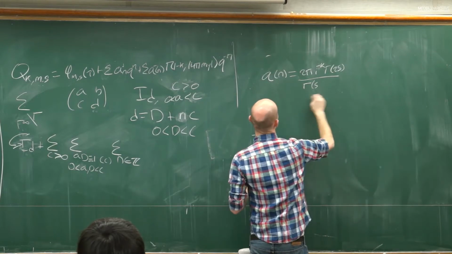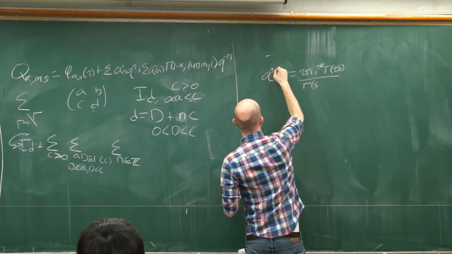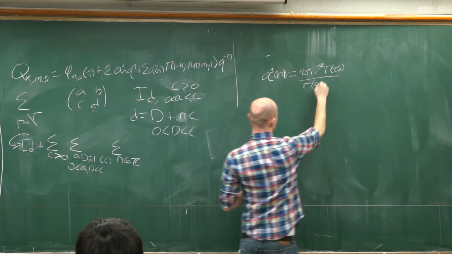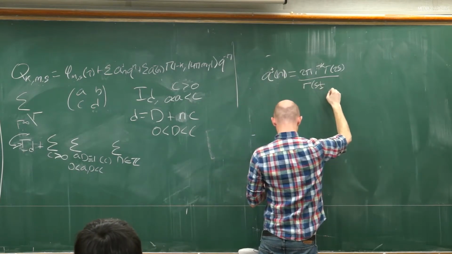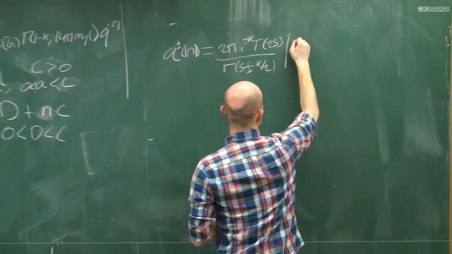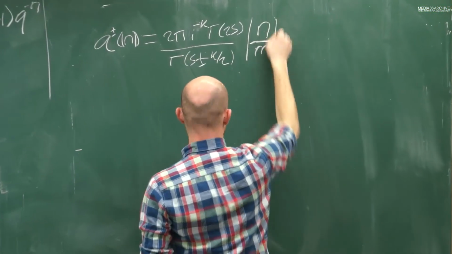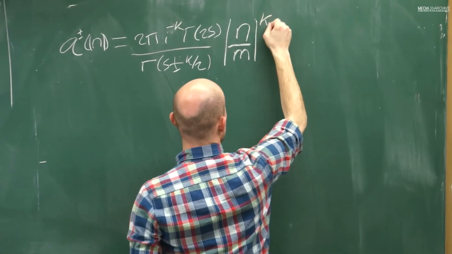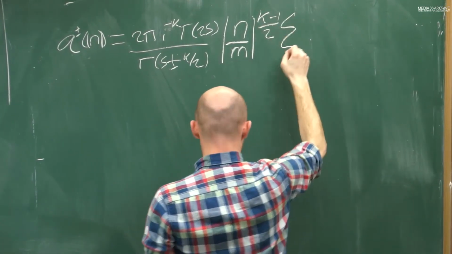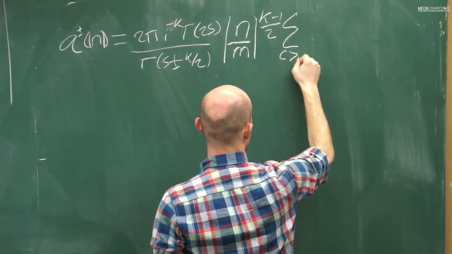Oh, I got that wrong. Let me do it this way. Okay, so a plus or minus up there, I'll have a plus or minus right here. So the k halves, absolute value of n over m to the k minus 1 over 2. Summation, c greater than 0.